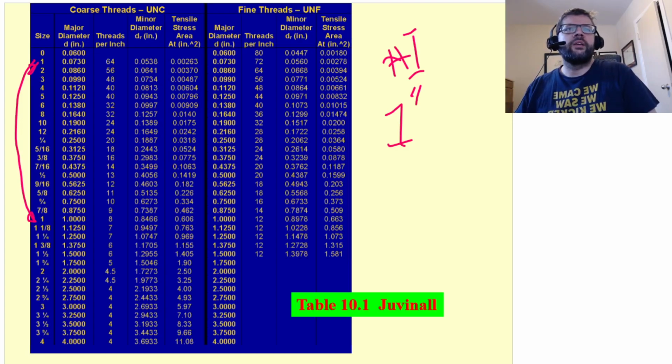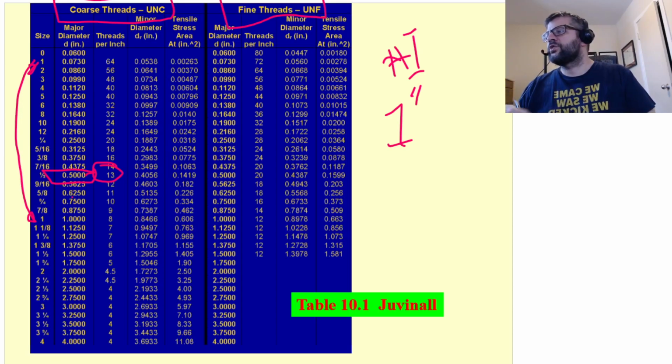So again, a standard coarse thread versus a standard fine thread. Each of the diameters that you're working with will have a standardized number of threads per inch for coarse and for fine. For example, for the coarse, we're looking at 13 threads per inch for a half-inch bolt, whereas for the fine, we're looking at 20 threads per inch for a half-inch bolt. That results in a different inner diameter, that's the root, and a different tensile stress area.